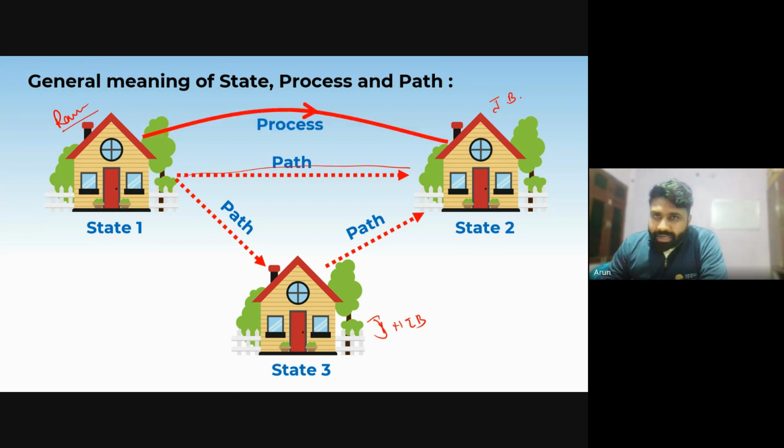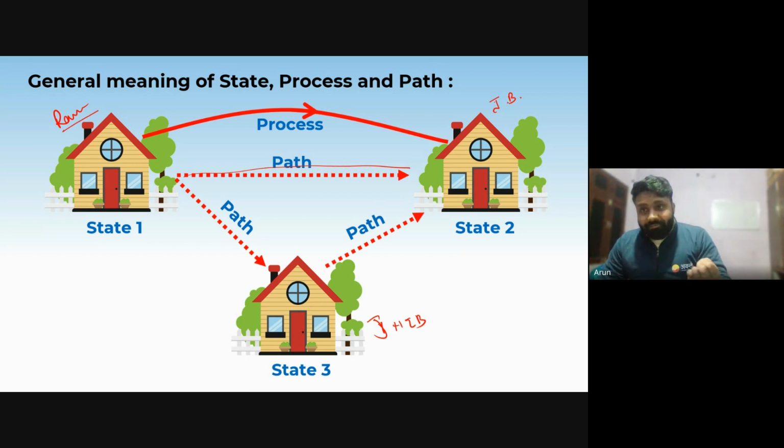So paths are clear, but the process that the student of JNV Ramnagara has followed to meet the student of JNV Baleri, the path is the same, but the process will be different. Either they are taking airway, or roadway, or waterway. I think waterway is not possible there.